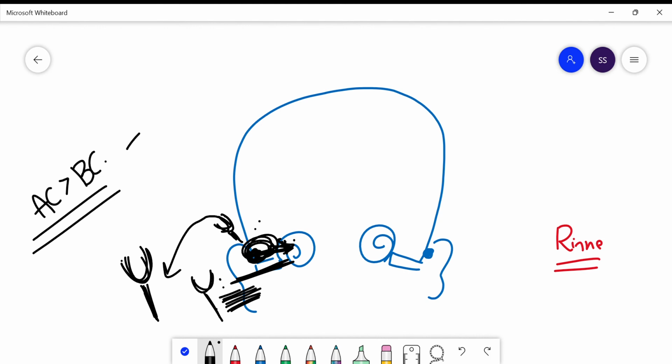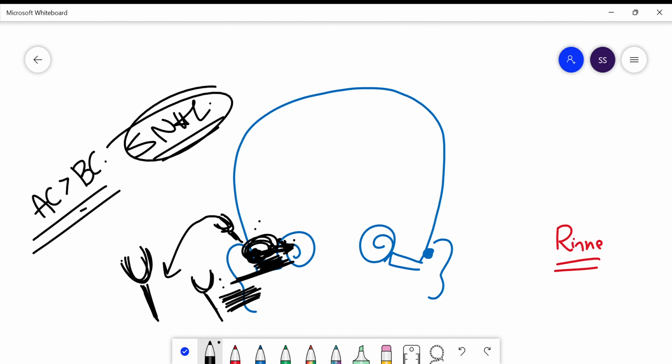And even in sensorineural hearing loss, because there's nothing as such wrong with the transmission, both of these will exhibit air conduction more than bone conduction.